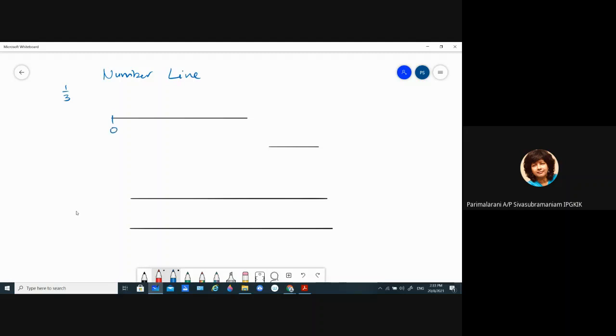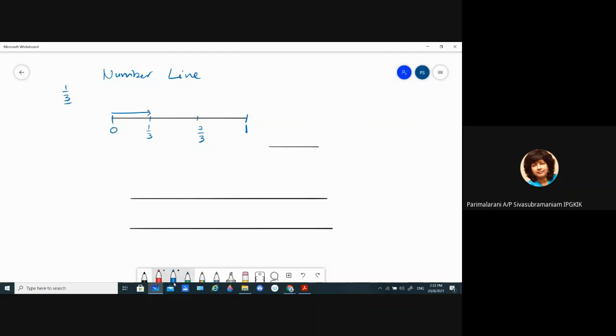So let's mark 1 first. This is 0 to 1. All our fractions are between 0 and 1 because they are proper fractions. 1/3 means 3 parts, so we divide this into 3 equal parts. This is 1/3, this is 2/3.